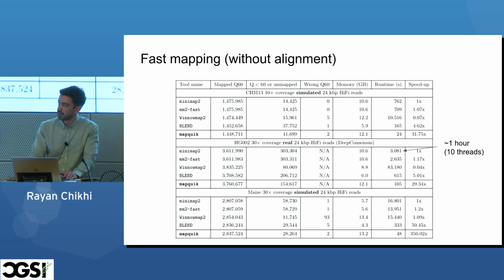Follow-up question, a different question. How useful do you think compute architectures like GPUs are in speeding this up, and what's the state of the art? There have been some developments in adapting some of these tools to GPUs, but two things. The speedups haven't been stellar, and the adoption of GPUs is not high in terms of bioinformatics clusters yet.